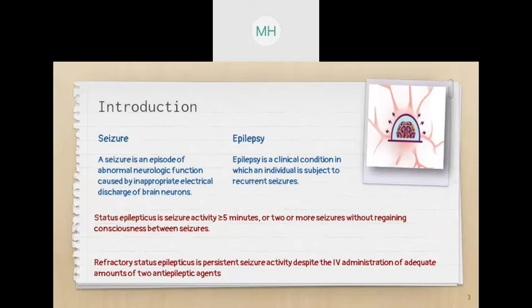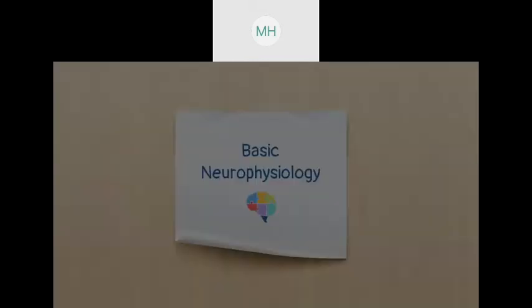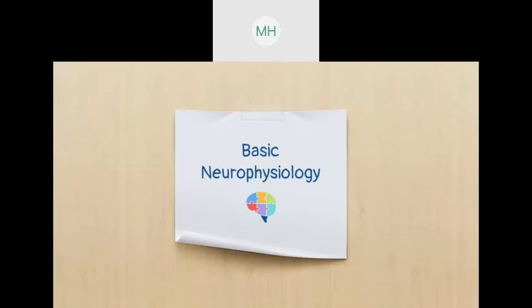Status epilepticus is seizure activity of more than 5 minutes, or 2 or more seizures without regaining consciousness between seizures. Refractory status epilepticus is persistent seizure activity despite the IV administration of adequate amounts of 2 antiepileptic agents.